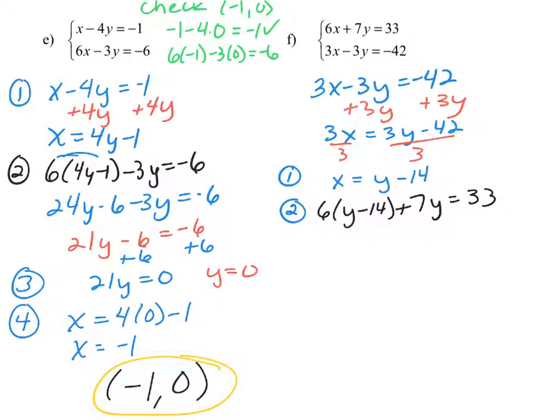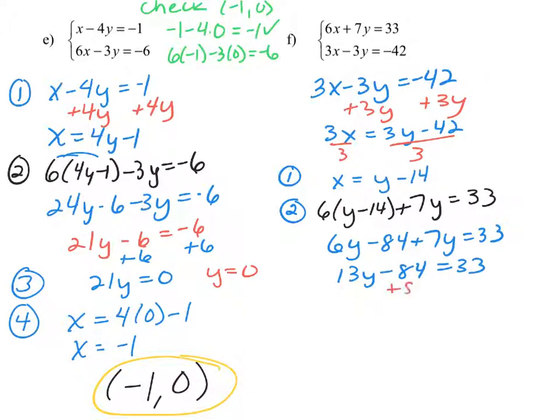Using the distributive property, I get 6y minus 84 plus 7y is equal to 33. I'm going to combine like terms to get 13y minus 84 equals 33.